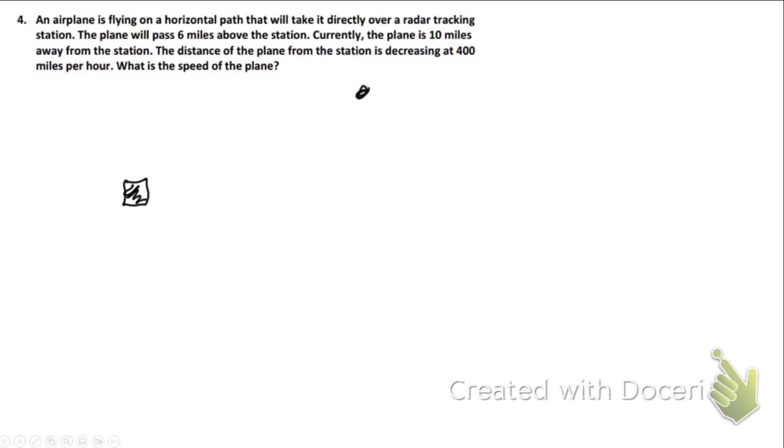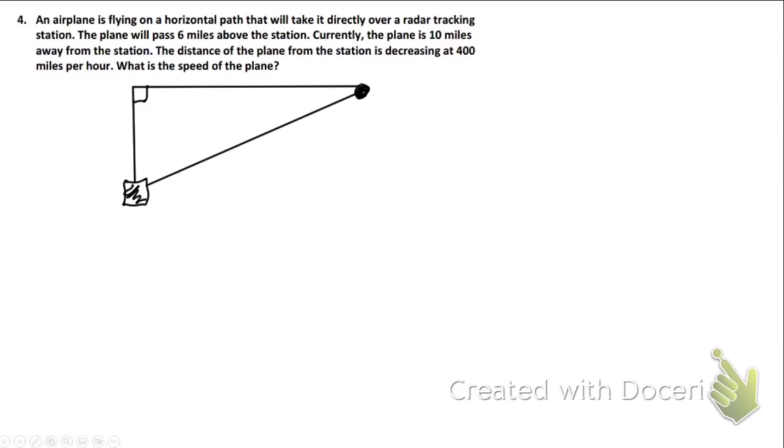Here's our plane, with a vertical height. Now we have to deal with sine, cosine, and tangents. It was a triangle.